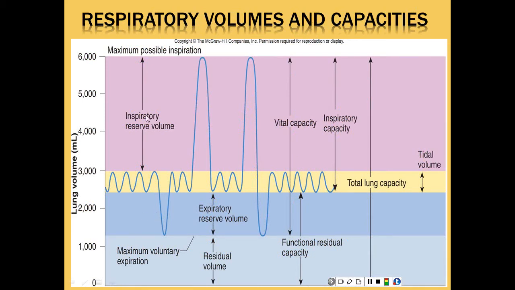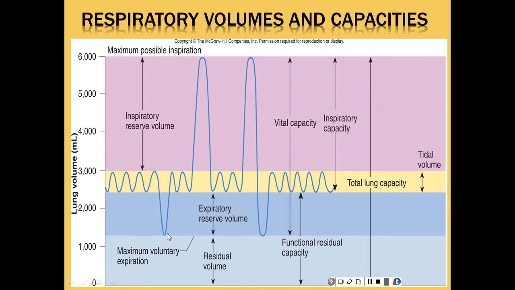So here is a chart. Here we have our tidal volume. This is normal breathing. Breathe in, the line goes up. You breathe out, you exhale. Inhalation, exhalation. It'll go all the way through. Depending on the exercise, they will tell you to blow everything out, and you'll have to exhale everything out, and it reaches here.